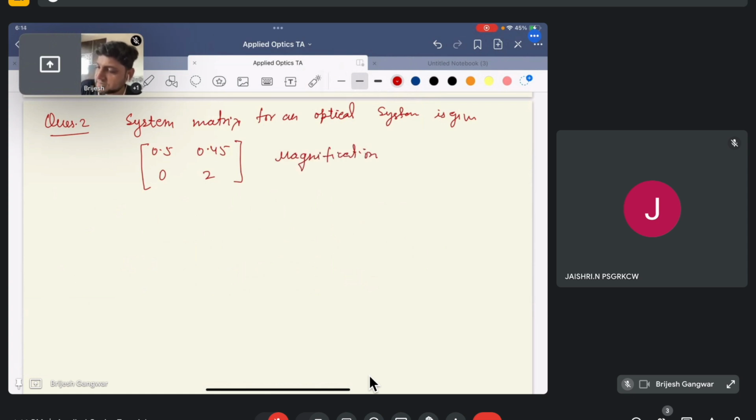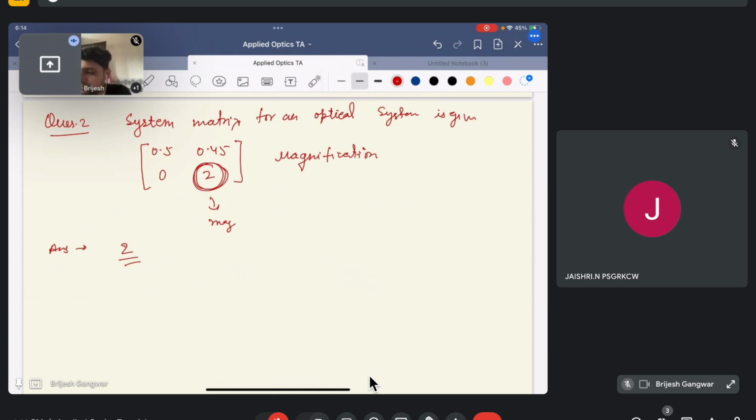As we know, for any optical system matrix, this term shows the magnification. So the answer is that the magnification is 2. For this matrix system, this term denotes the magnification.